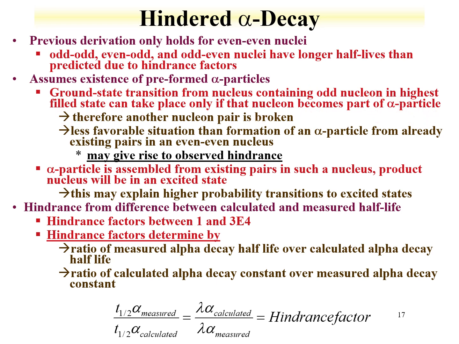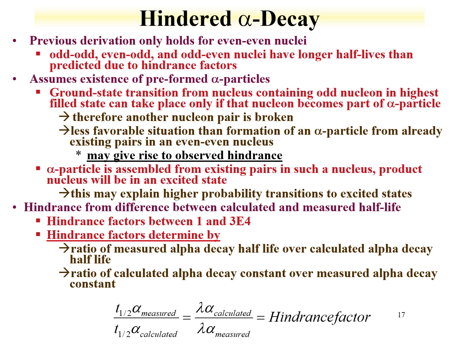So if I think about it, if I have an odd nucleon, that means that the highest energy nucleon in that nucleus is unpaired. In order for that to become part of the alpha particle that's emitted, a nucleon pair has to be broken. So this is a pretty unfavorable situation because the alpha particles can already be formed from existing even pairs.